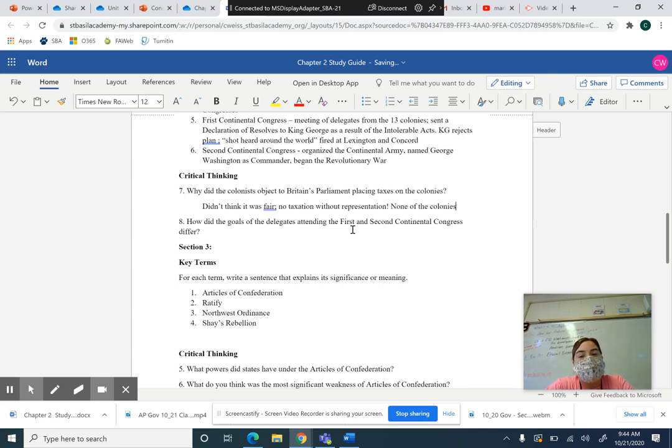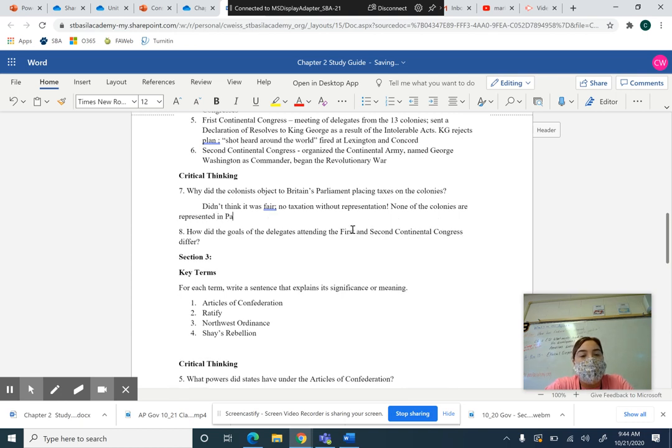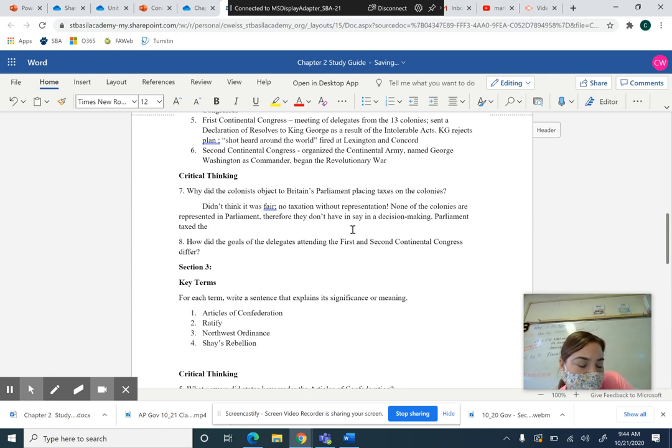None of the colonies are represented in Parliament. Therefore, they don't have a say in decision making. Think about it. It's super easy to tax people when they're not in the room telling you no. So Parliament taxed the colonies, even though the colonies don't have representation.